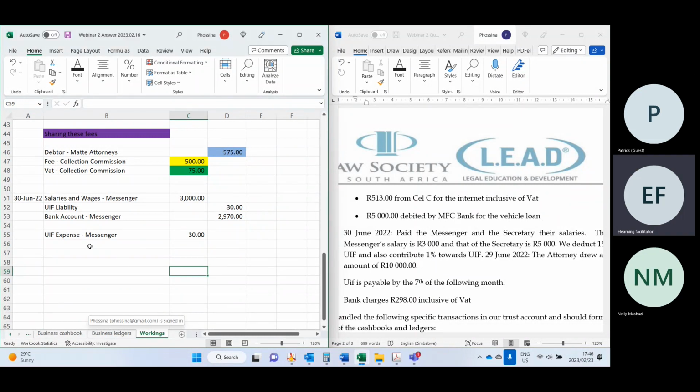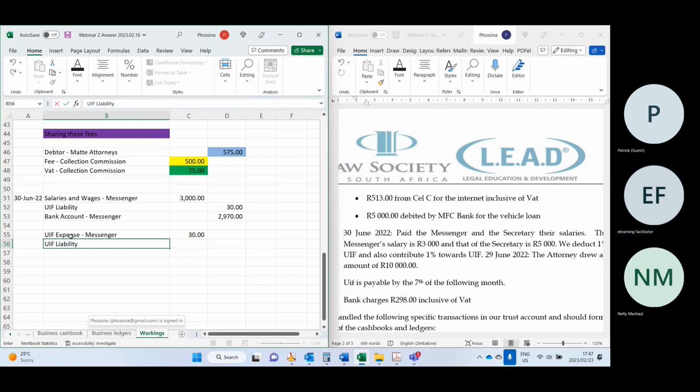So I wanted to show you the employer's contribution, which is this part. The employer's contribution becomes an expense to the employer, because they have to put in some money also, as a legal requirement. So we debit an expense account, with the description for the messenger, and then we credit the UIF liability account.